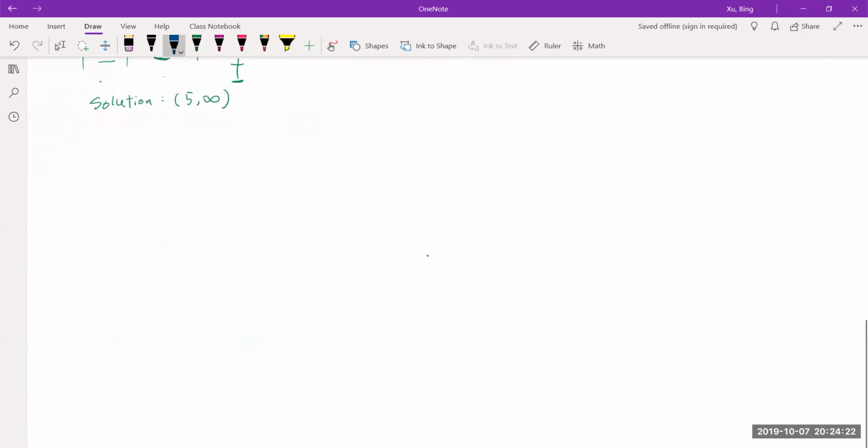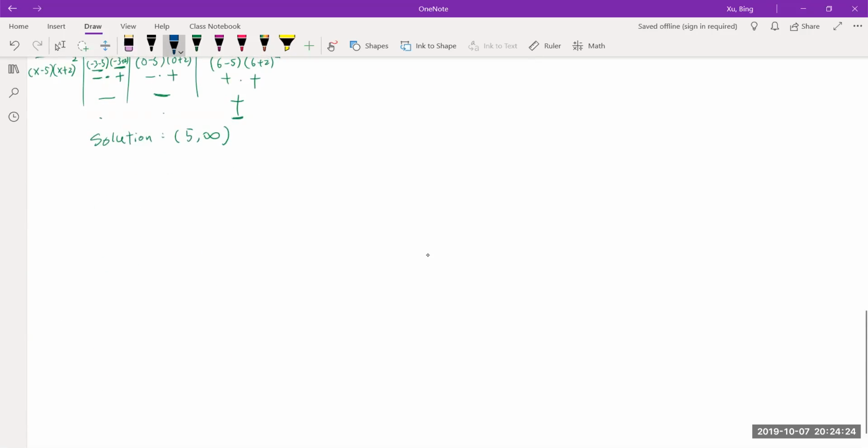Let me move it up. So number 24 goes like this: 3x cubed less than negative 15x squared. Okay. We want to solve this inequality, right?